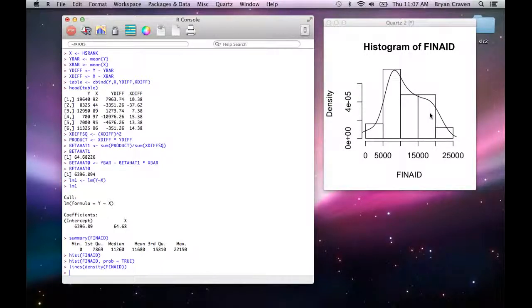What the kernel density function does is it gives us a little more information than the histogram, in the sense that it takes each individual data point for FinAid and assigns it a kernel, or a small Gaussian distribution, and then it adds them up. So we have a little more accuracy for the shape of our sample data here. And we gain some information because it's showing you a little more than what the histogram's doing.